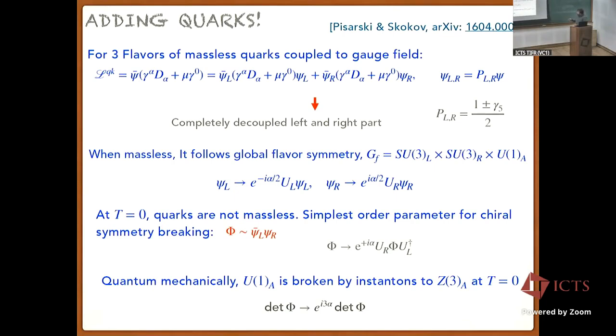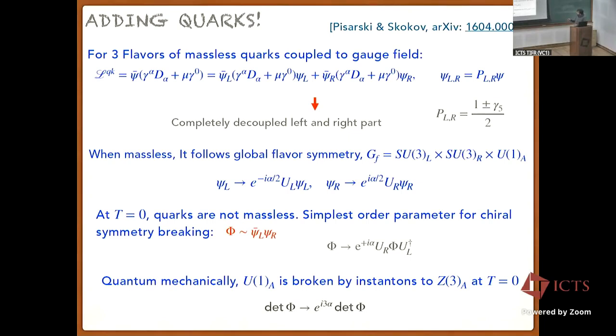The simplest order parameter that we can have is a term of the form psi L bar psi R, which also changes under this GF transformation. And for having a small mass also, this Lagrangian is broken.